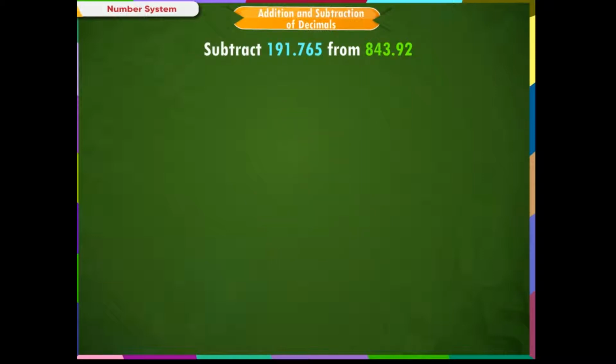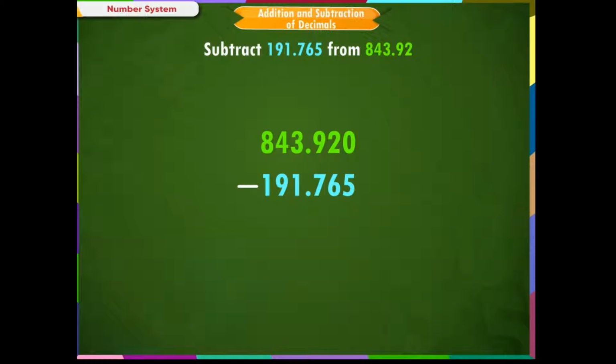Example 3. Subtract 191.765 from 843.92. First, change the decimal fractions to like decimals. 191.765 has 3 decimal places. So, convert 843.92 into 843.920. 843.920 minus 191.765.